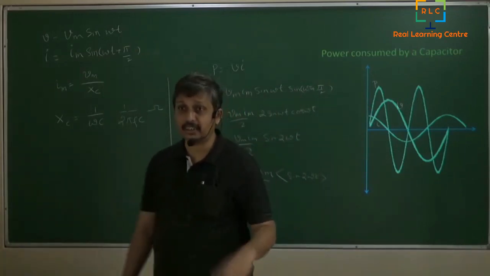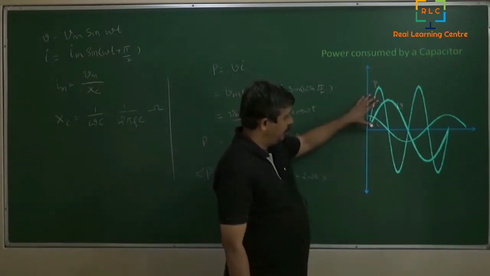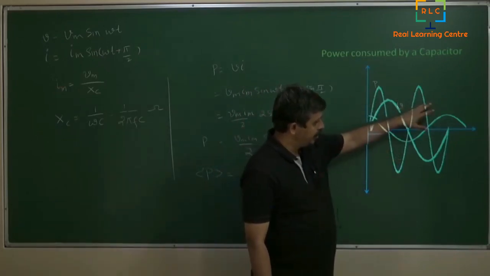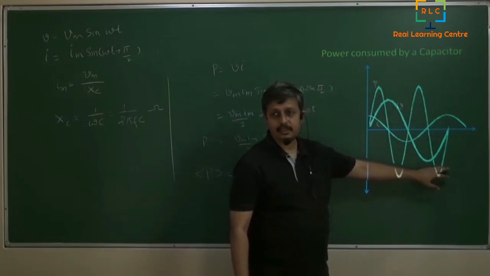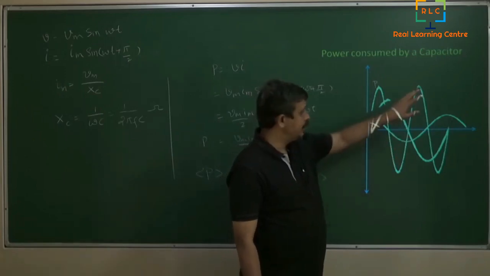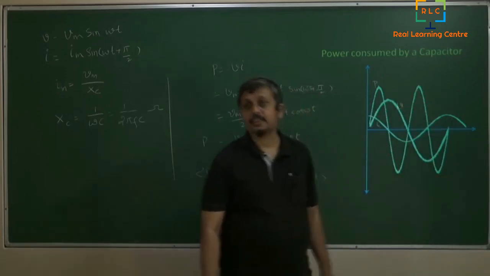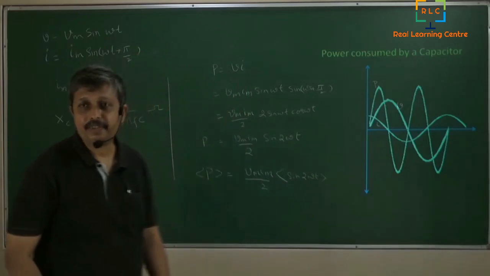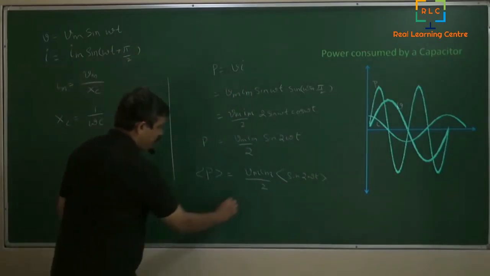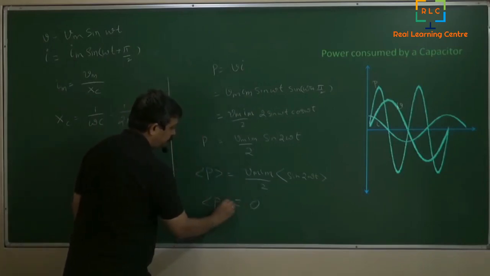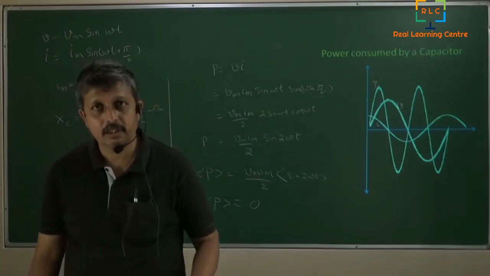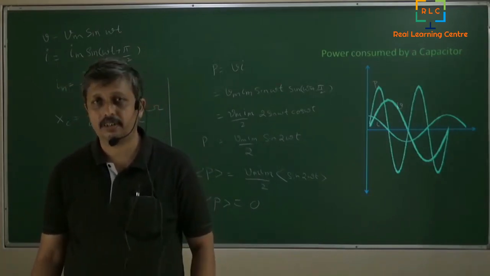See, you look at this: charging and then discharging, charging in the negative direction and then discharging, again charging in the positive direction, discharging, charging in the negative direction, discharging. So this is what happens continuously with the power consumed by the capacitor, and again it will become 0 on an average.